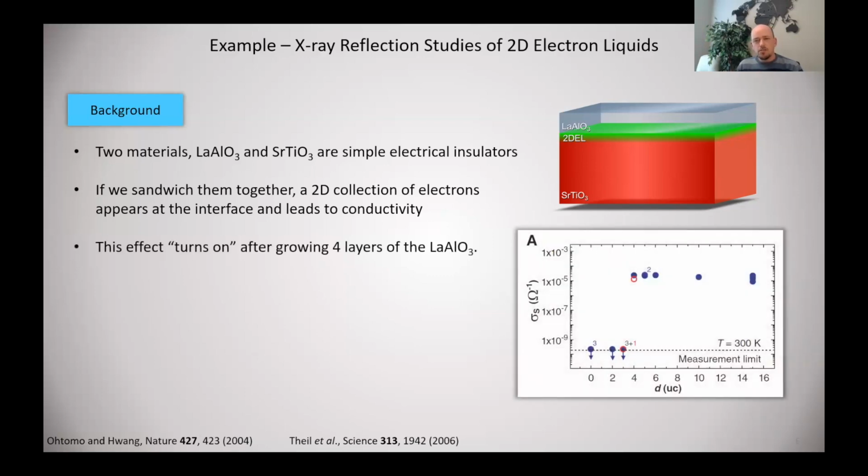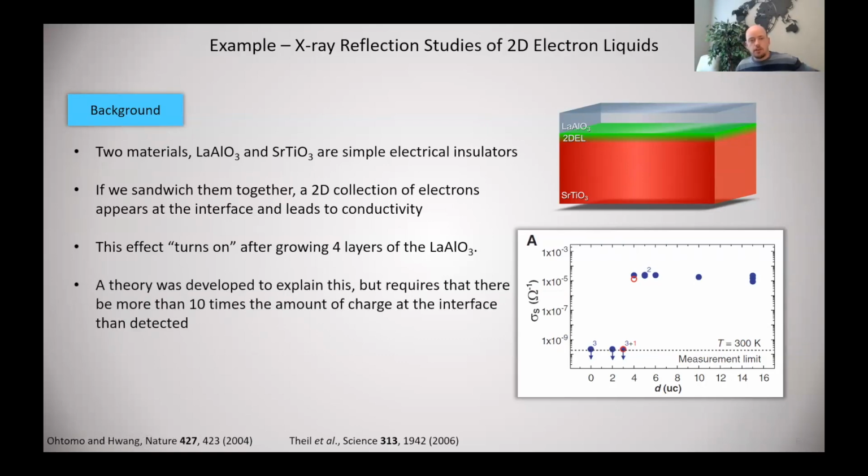And even more interesting, these materials are typically fabricated by growing the lanthanum aluminum oxide film on top of the other one. As we grow it atomic layer by atomic layer, nothing interesting happens. And then suddenly after we grow 4 atomic layers, this 2D electron liquid forms and the material becomes conducting.